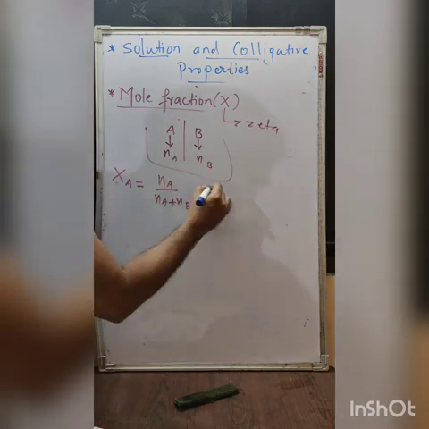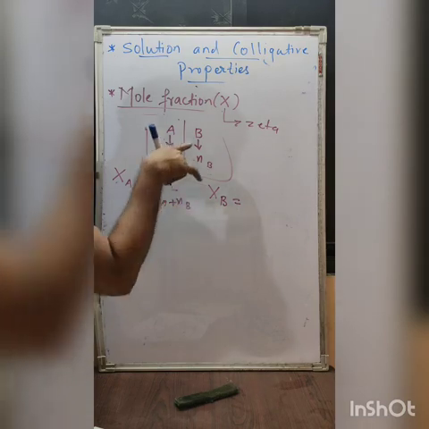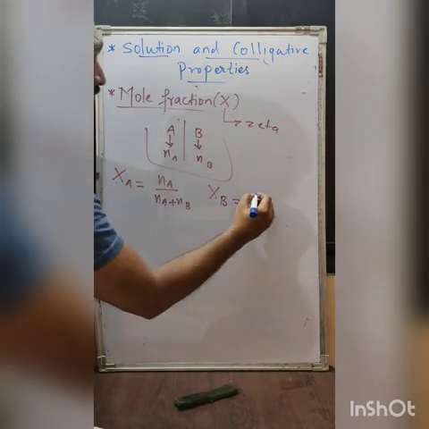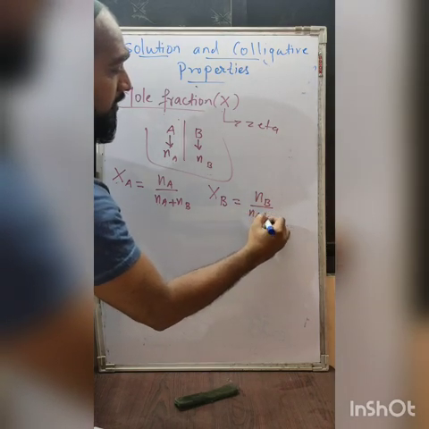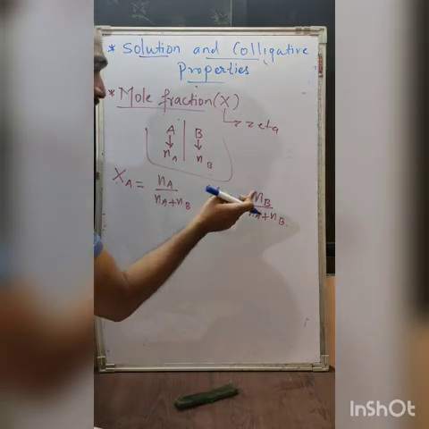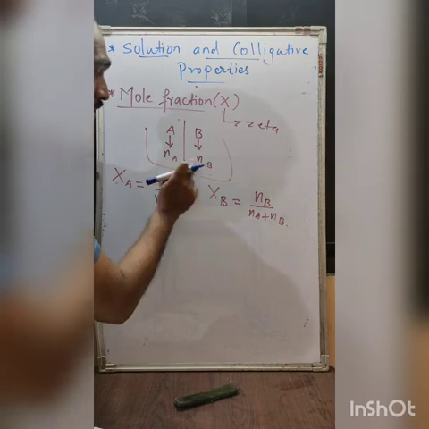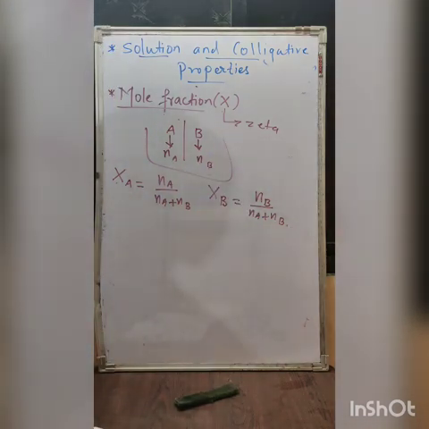What will be XB? It will be Nb upon Na plus Nb. So mole fraction of B means number of moles of that component to the total number of moles present in the solution.